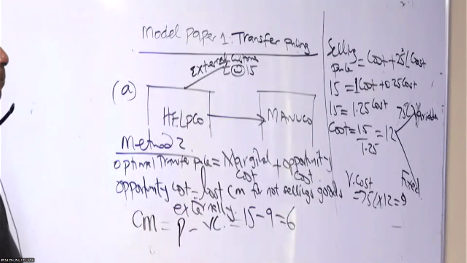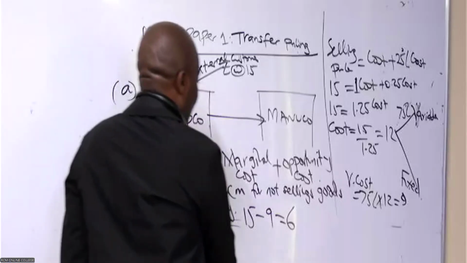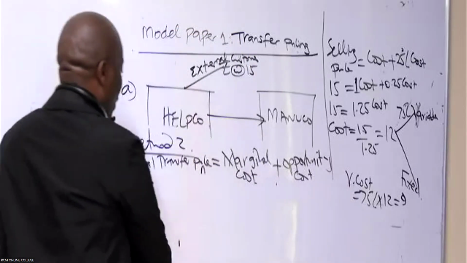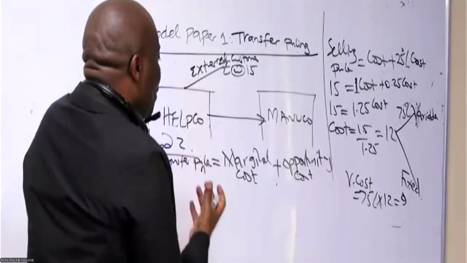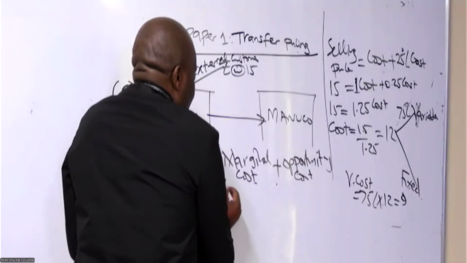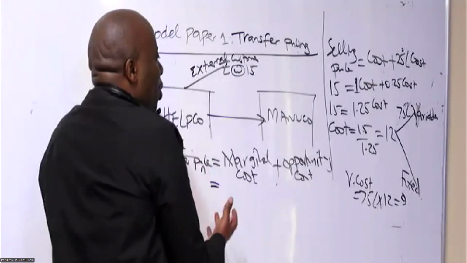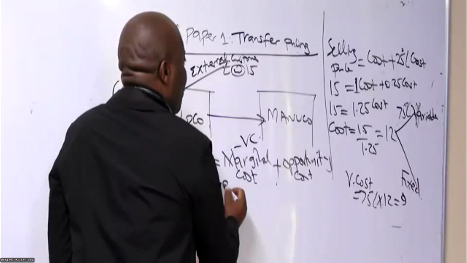So let's get into business here now. The optimal transfer price will be equal to our marginal cost of production. Remember, marginal is the same as variable, and you have given me a figure of 9.